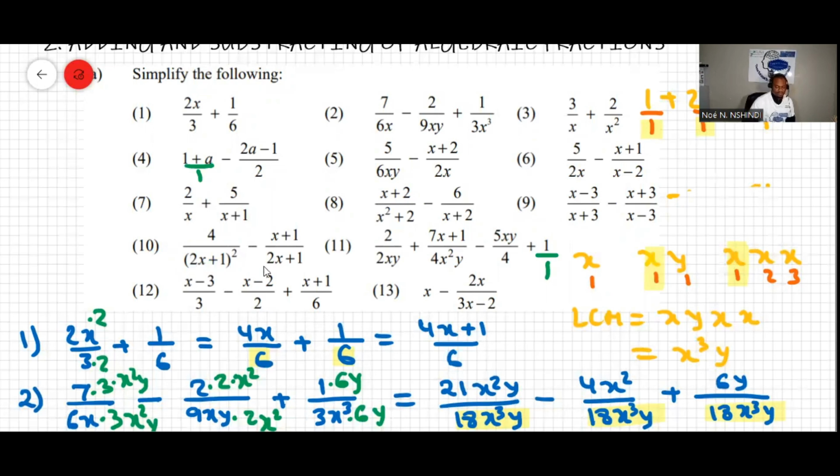A squared, remember this is just a times a. So you must times over here by another 2x plus 1 to make the denominator common, okay? And then if you times by 2x plus 1, you must times the numerator by 2x plus 1 to keep the fraction the same.